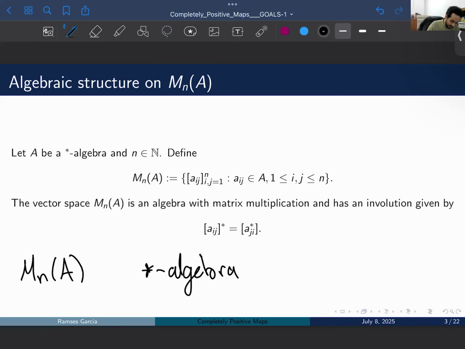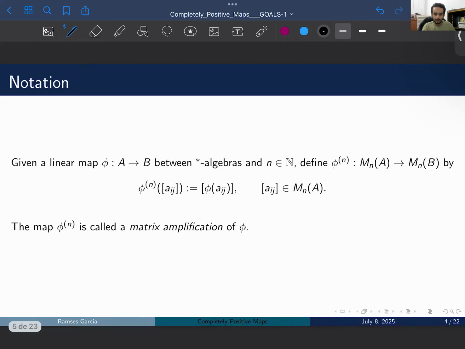This is a star algebra. Let's fix some notation. If you have a linear map phi between star algebras, we define its amplification phi_n between the matrices over A and the matrices over B, defined entry-wise.